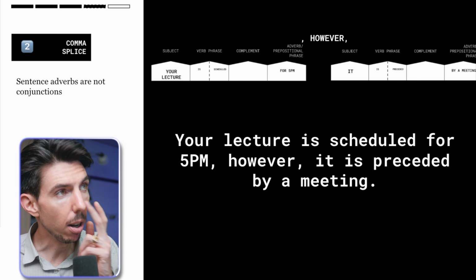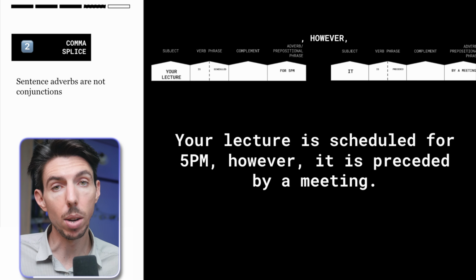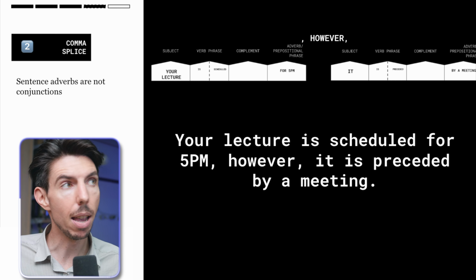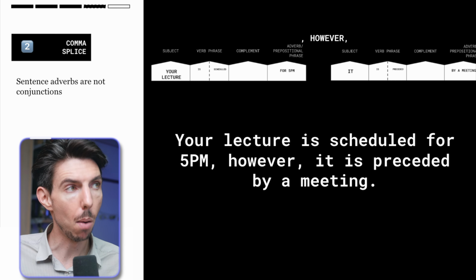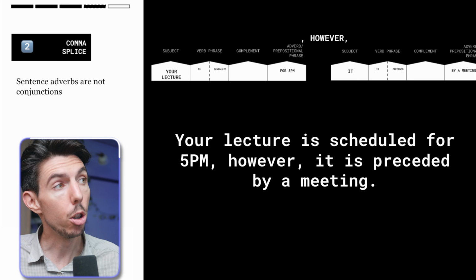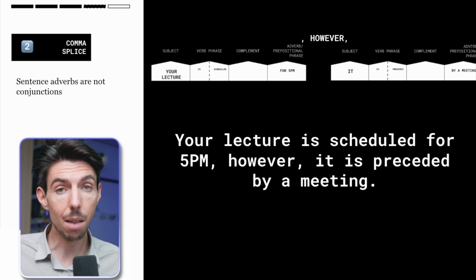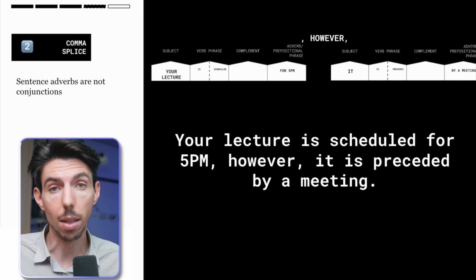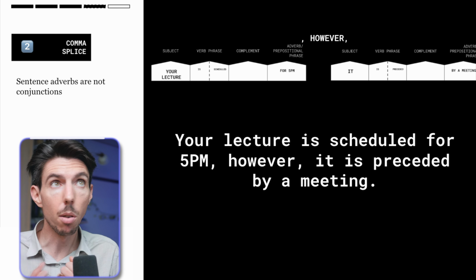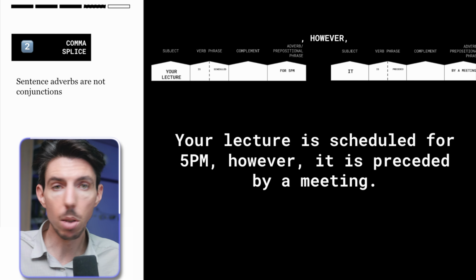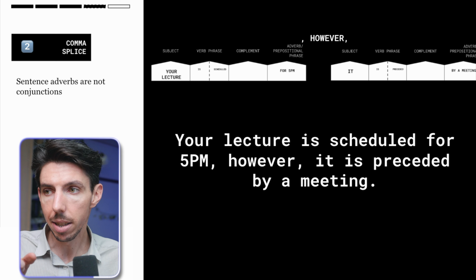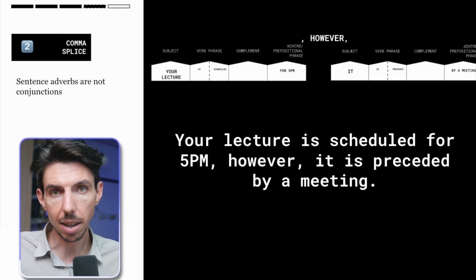Similarly, but slightly different, we have two clauses joined in the same sentence by a sentence connector, the adverb however. Also a mistake. So your lecture is scheduled for 5 p.m. However, it is preceded by a meeting. Sentence adverbs like however and therefore and that kind of thing, they're not connectors. Basically, when you use one of these adverbs, it is substituting the previous sentence.